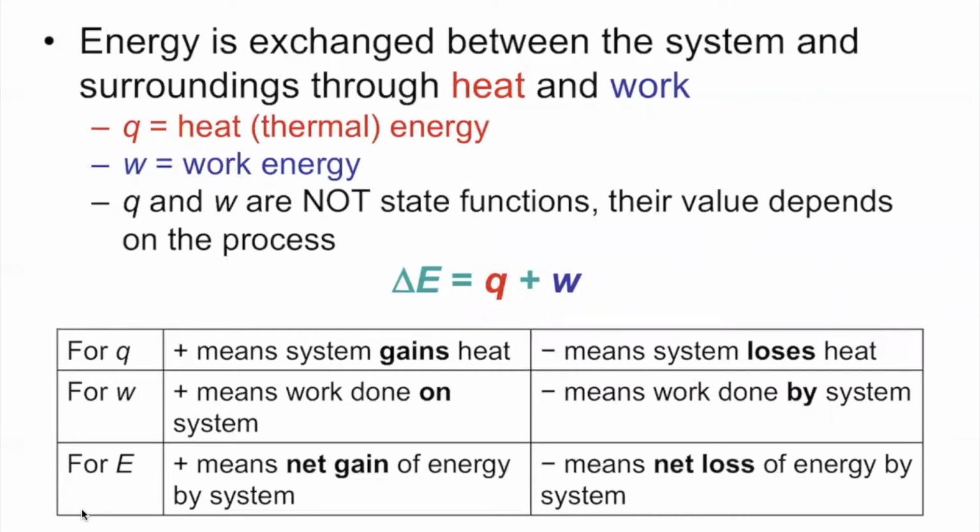When W is positive, that means the work is done on the system. When W is negative, that means the work is done by the system. When delta E is positive, it means that the net gain of the energy by the system. It's going to be negative when there is a net loss of energy by the system.